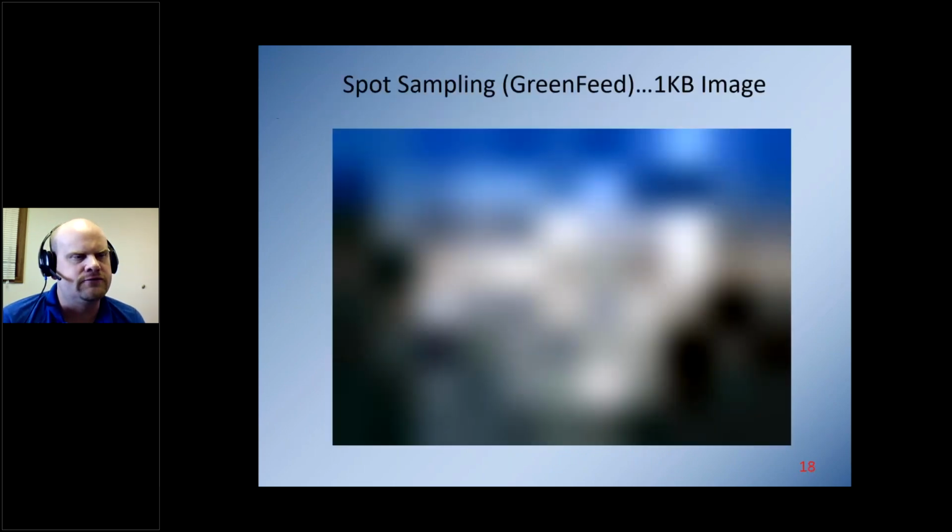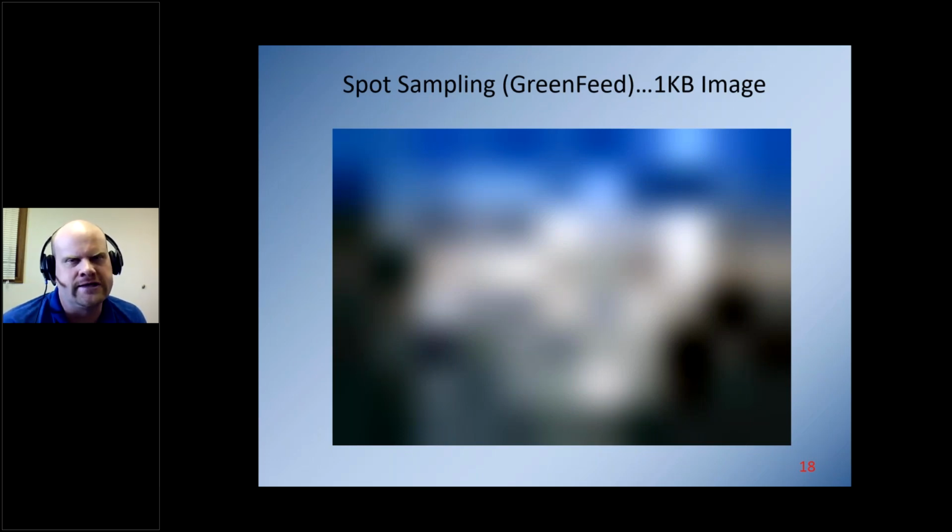So I like to think of GreenFeed as sort of a way to take a picture. So we're just sampling a small amount of the environment, and we have information coming back from each specific sample. So imagine we're taking a picture of the environment, and we take a very low resolution picture.